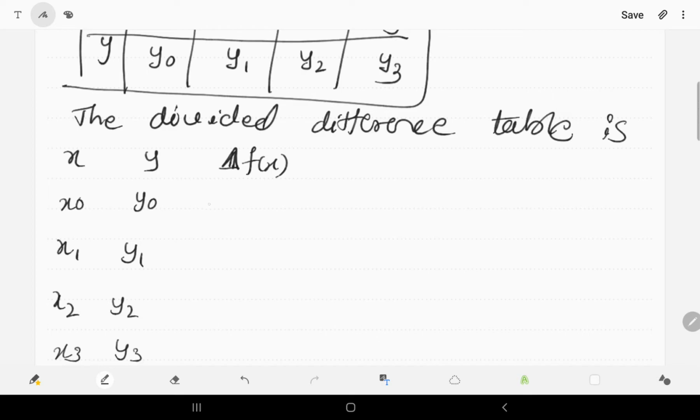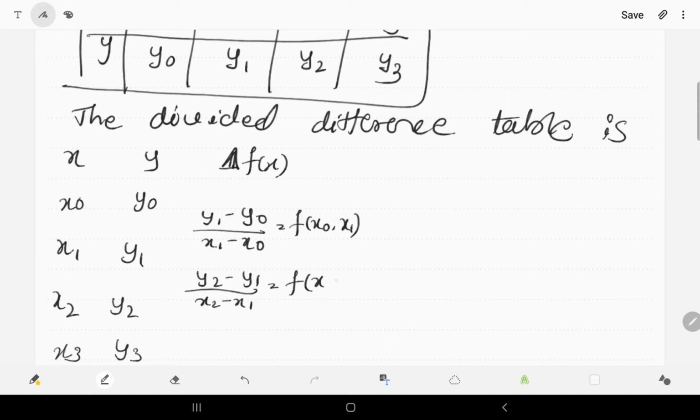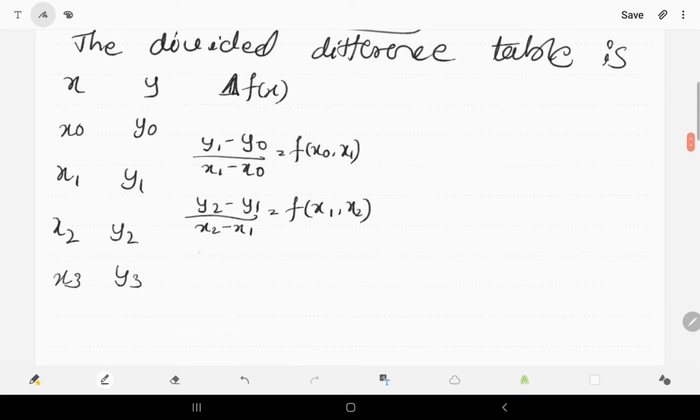The first divided difference is given by y1 minus y0 divided by x1 minus x0, and this is denoted as f of x0, x1. Similarly, y2 minus y1 divided by x2 minus x1 is equal to f of x1, x2. Similarly, y3 minus y2 divided by x3 minus x2 is equal to f of x2, x3. This is the first divided difference.